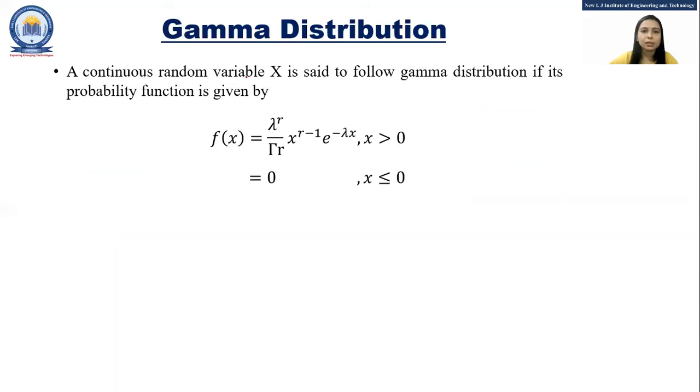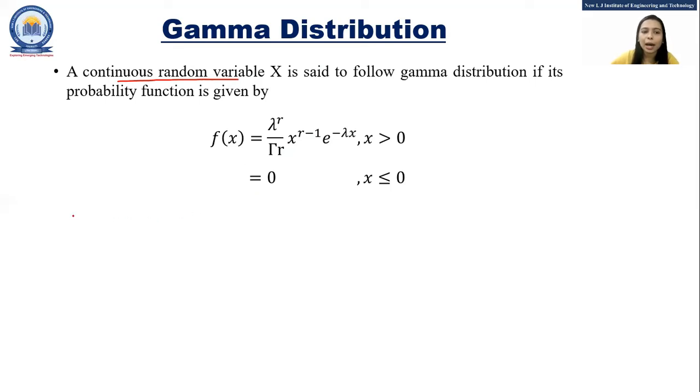Now moving to the next distribution, that is the gamma distribution. A continuous random variable capital X is said to follow the gamma distribution if its probability function is given by f(x) equals lambda raised to r upon gamma r into x raised to r minus 1 e raised to minus lambda x when x is greater than 0. Otherwise, its probability function is 0.